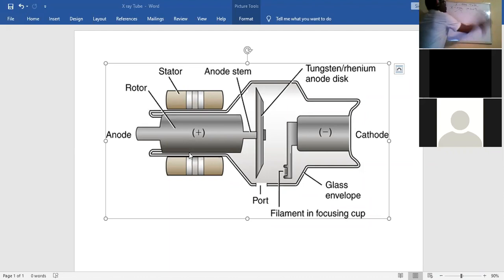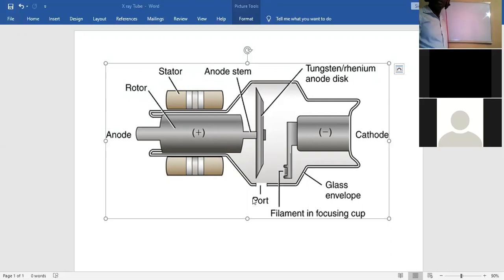Then we also have collimators like this. We have collimators around this port area. The collimators define the shape and the field size. If you want to image a very small portion, maybe the extremity, maybe the hand or the leg, we use a very small field size.